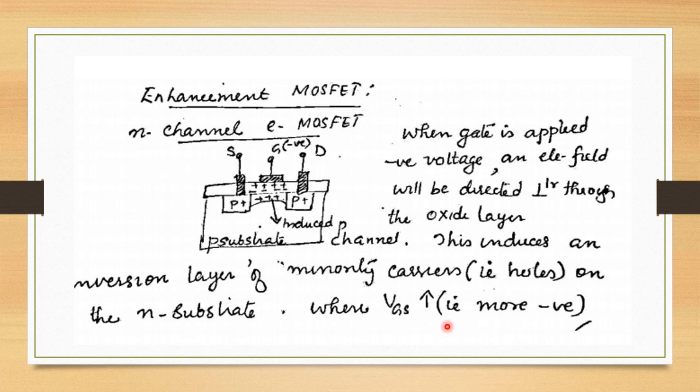Now when VGS increases, or becomes more and more negative, this channel starts to build up. A channel increases from this P plus region, from source to drain, and finally a channel is formed between the source and drain.